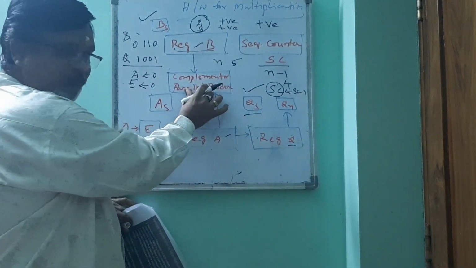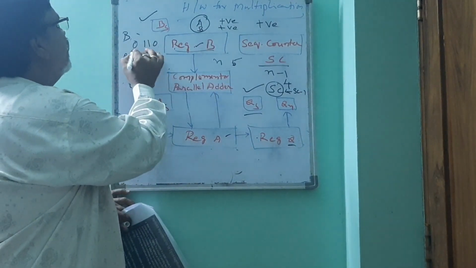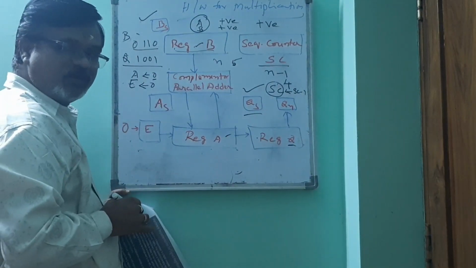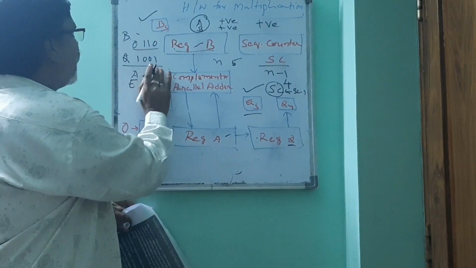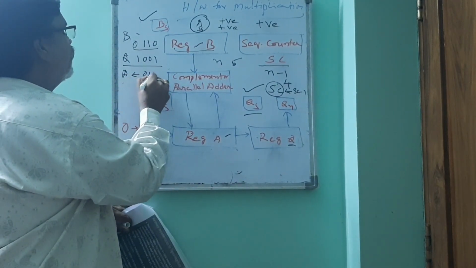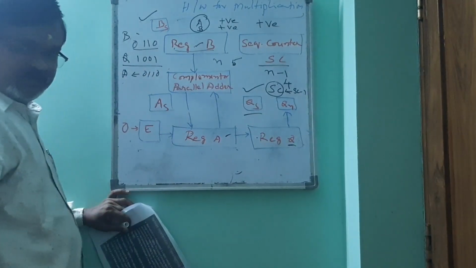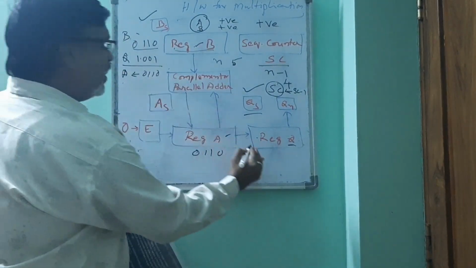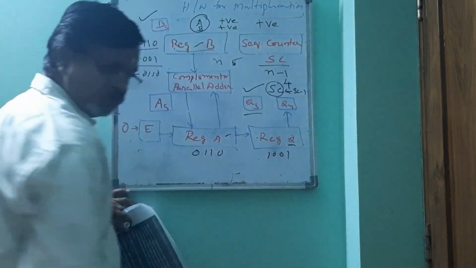After performing the first operation, that is, B is added to A, now A contains 0, 1, 1, 0. Already Q contains 1, 0, 0, 1.